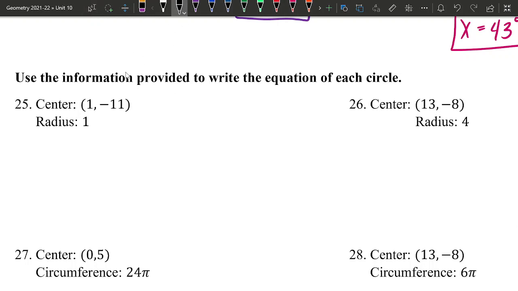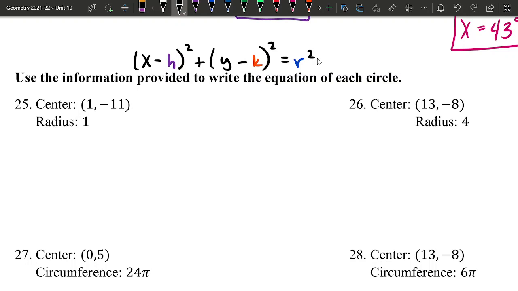And that is (x minus h) squared plus (y minus k) squared equals r squared.